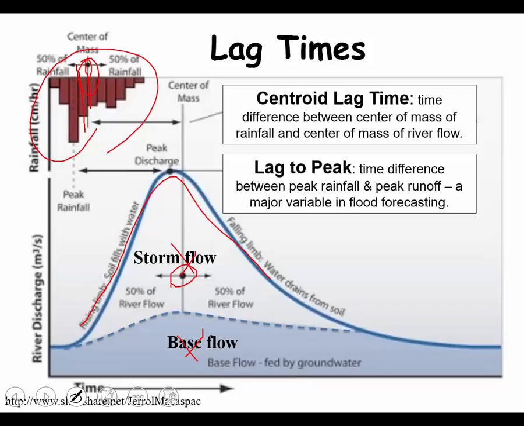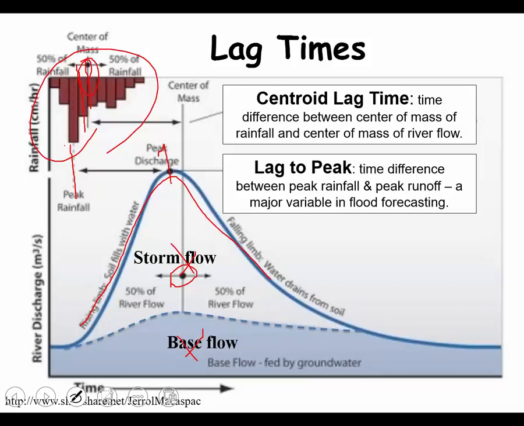Or, more commonly and easier to visualize, we'll look at peak to peak, the lag to peak, or the time lag. And that's basically from the peak rainfall to the peak stage or discharge. Okay, and that's the main thing that we use. Now, again, remember we're measuring at a gauging station that is collecting water upstream.